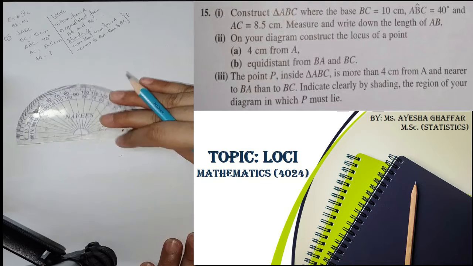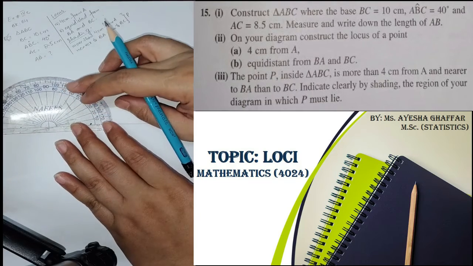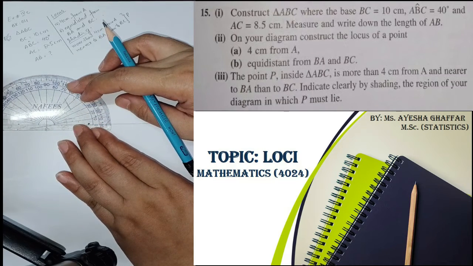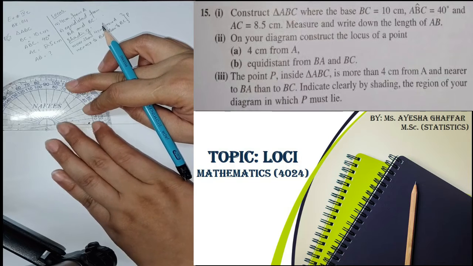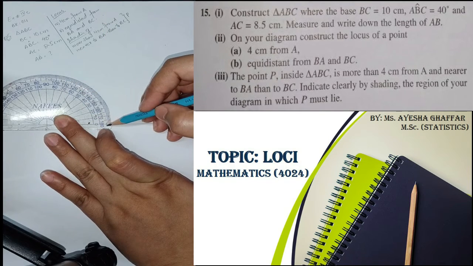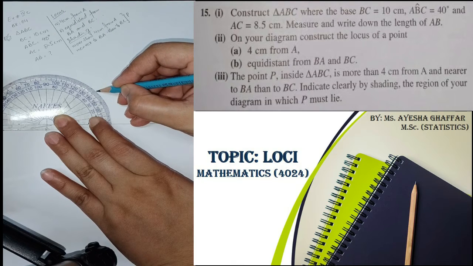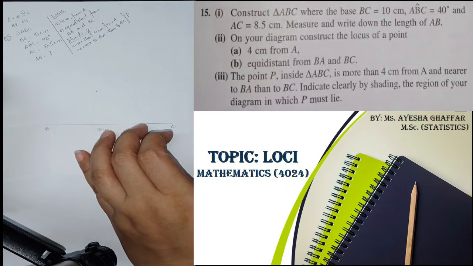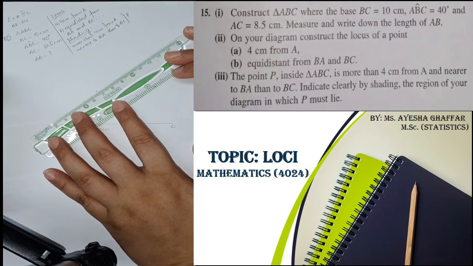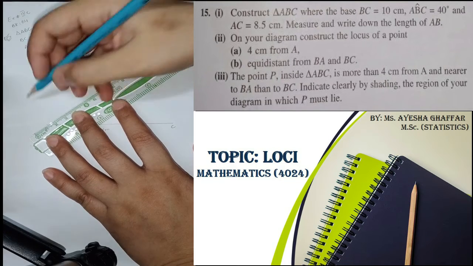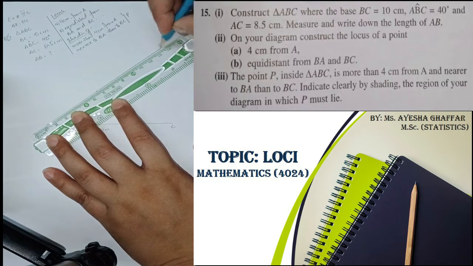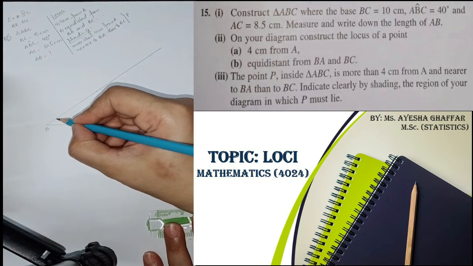So we will keep our protractor here. And as our line is on the left hand side, so we will start from here and mark 40 degree. And then from point B we will draw a line passing through the angle point. Okay, so here we have 40 degree.